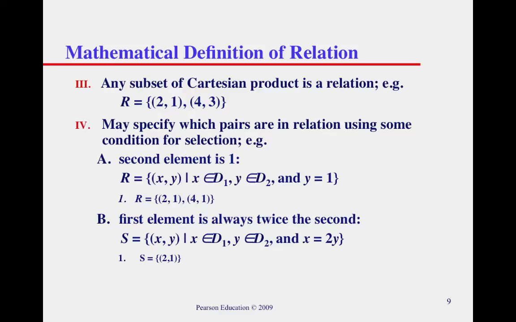So again, in practice we enumerate, but in theory we can have concise mathematical descriptions of our pairs. In fact, when we perform a query on a database, such as saying that we want all staff from branch B005, we actually are making a mathematical statement about the relation we want to see.